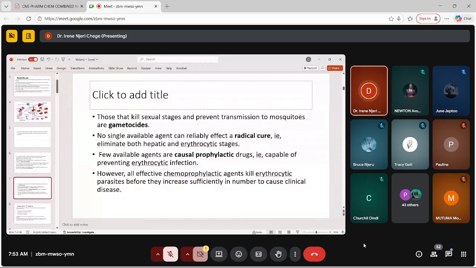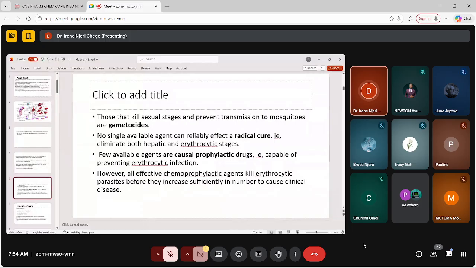Now some are called causal prophylactic drugs. A causal prophylactic drug is capable of preventing the erythrocytic stage infection. Then note that all effective chemotherapeutic agents kill erythrocytic parasites before they sufficiently increase in number to cause clinical disease. So what are we saying in short?